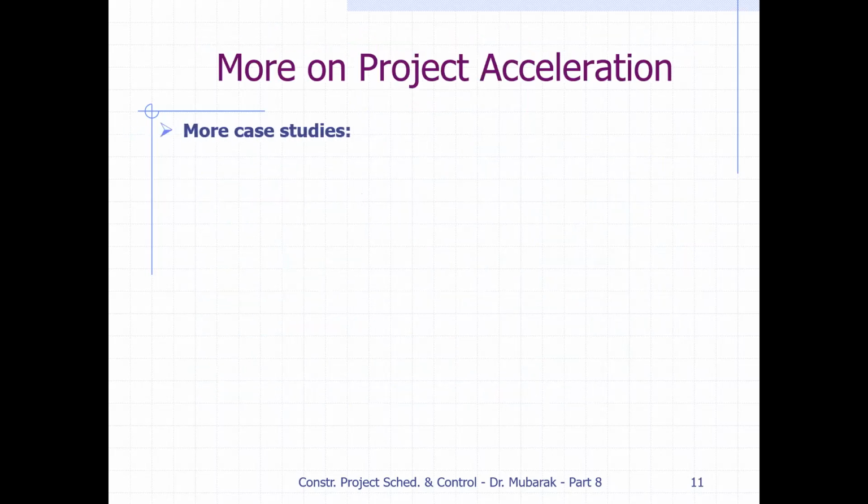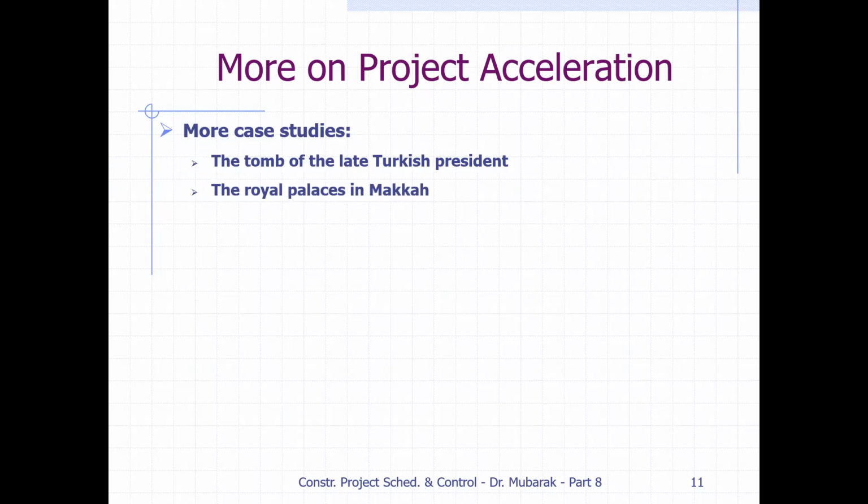More on project acceleration. One example you have seen before is the Northridge earthquake case, a project of Caltrans with the contractor CC Myers. Now they are giving some more examples of other projects in the world. There are many projects that were completed with acceleration. The tomb of the late Turkish president, the royal palaces in Mecca, this was also completed as an accelerated project.